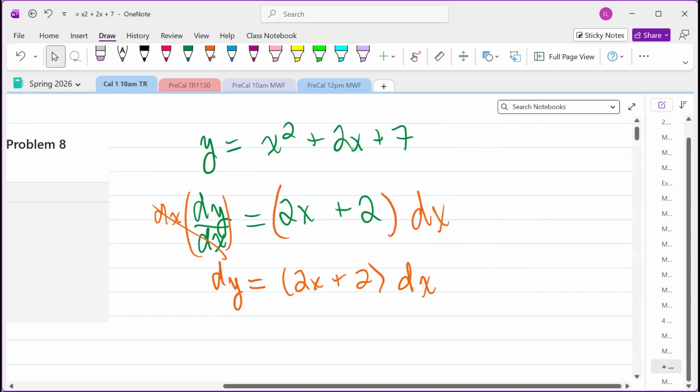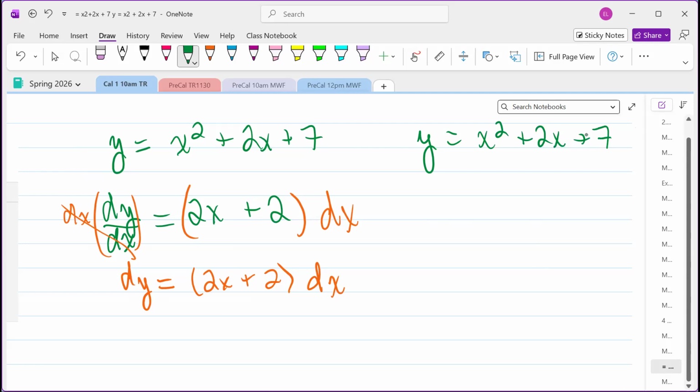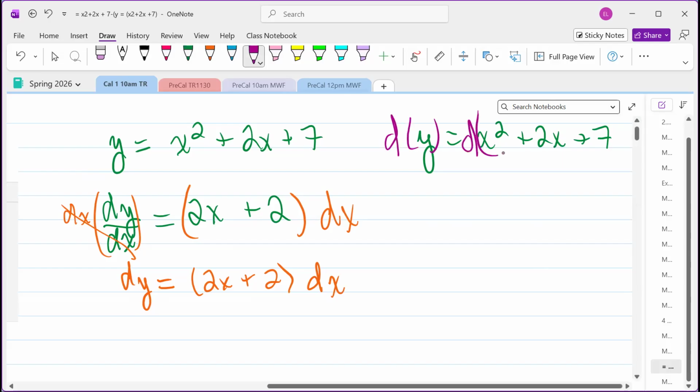But another way to think about it, same function, is when I'm applying the derivative, I just apply it to both sides of the function as a thing I'm doing.